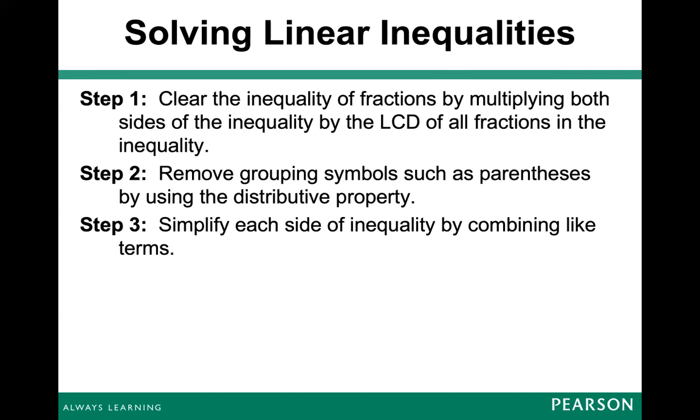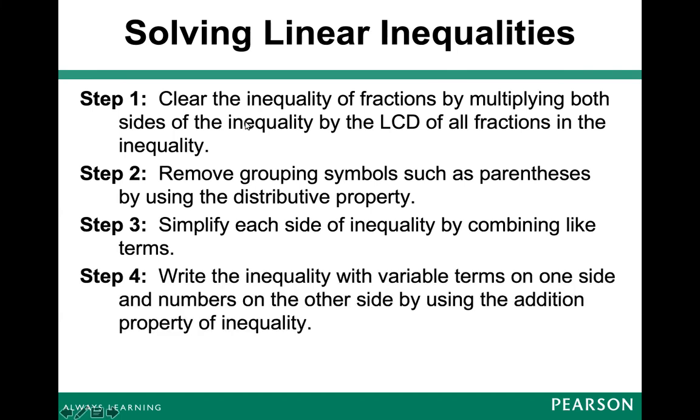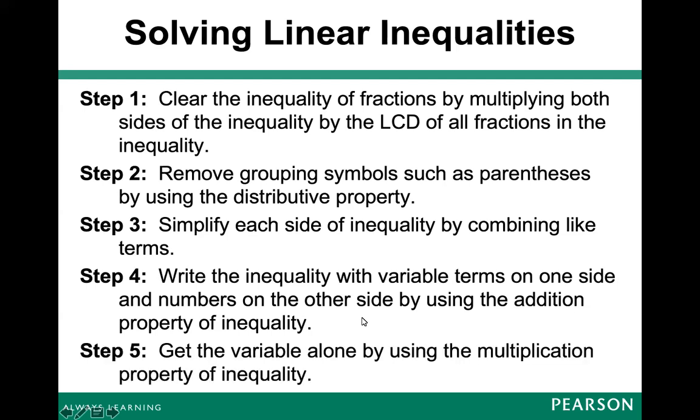So far, exactly the same steps that we talked about for equations back in section 2.3. In step four, you're going to write the inequality with the variable terms on one side and the numbers on the other side by using the addition property of inequality. And finally, get the variable alone by using the multiplication property of inequality.